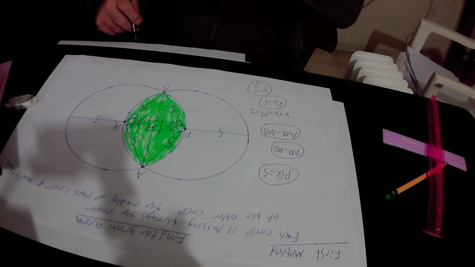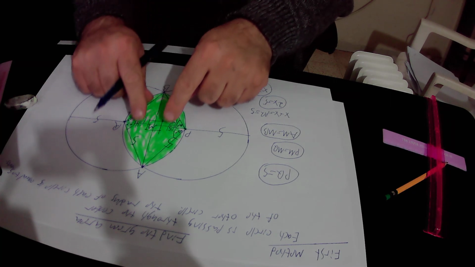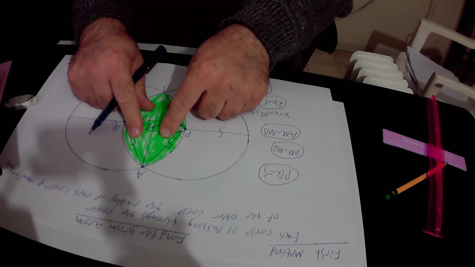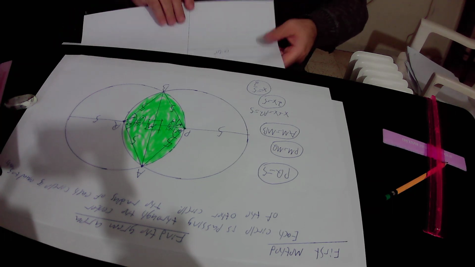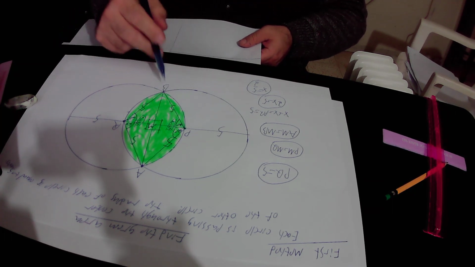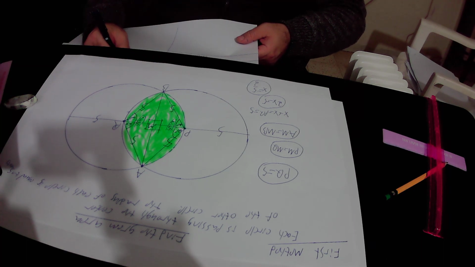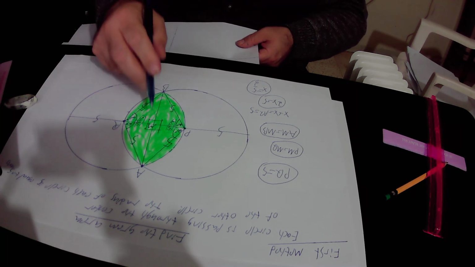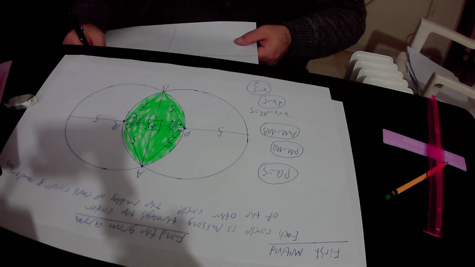In the next step, we will prove that those two triangles can go into each other. That is to say, we will prove that triangle APB is congruent to triangle AQB.